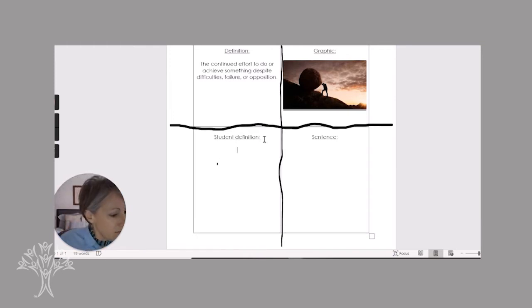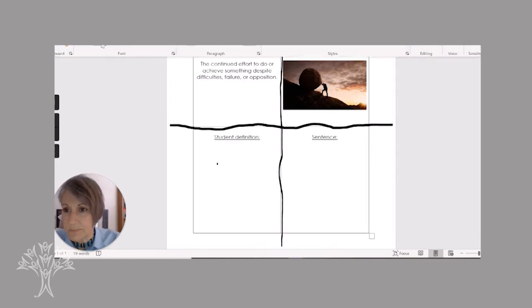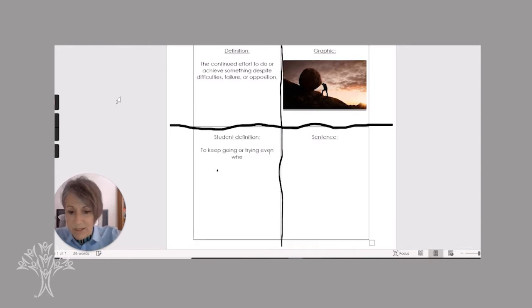Okay, so our kid-friendly definition is to keep going or trying even when it's hard. So perseverance means to keep trying something or to keep doing something even when it's really hard. And sometimes it's even when we fail, but we keep trying.